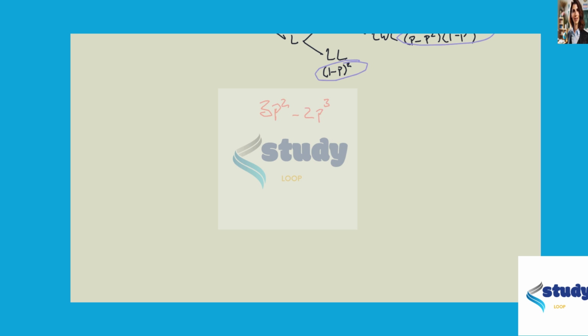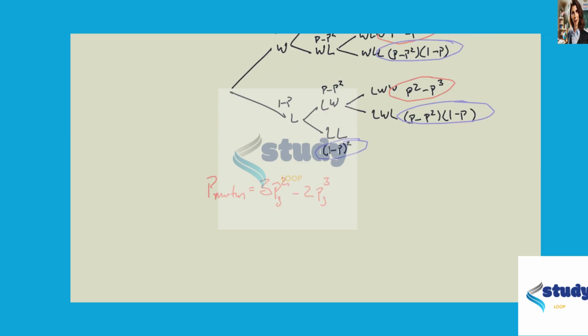This is P match, and these are P games, P sub G. If we graph 3 P_G squared minus 2 P_G cubed, that's the shape of the graph.